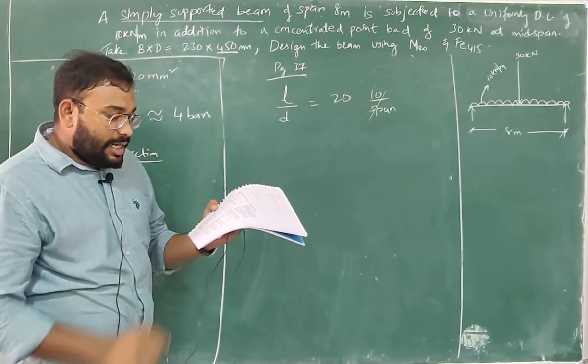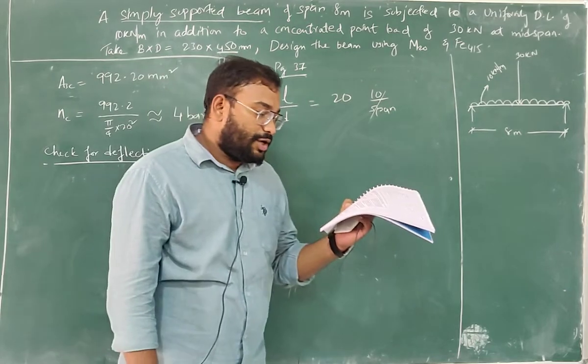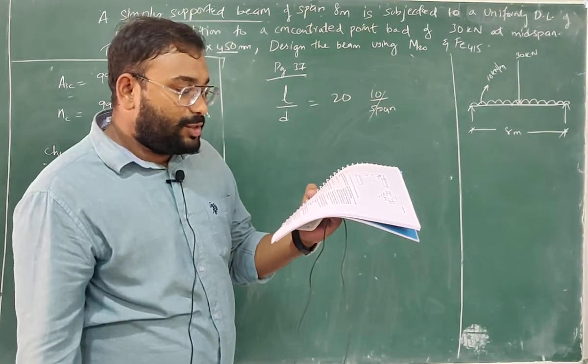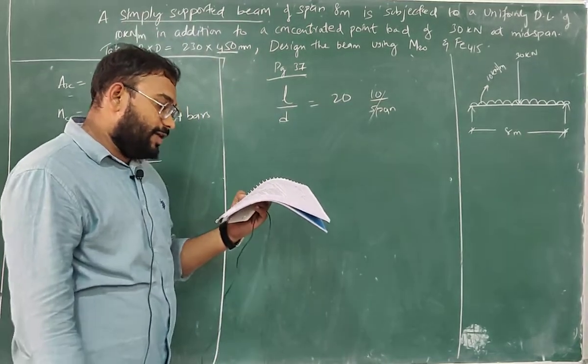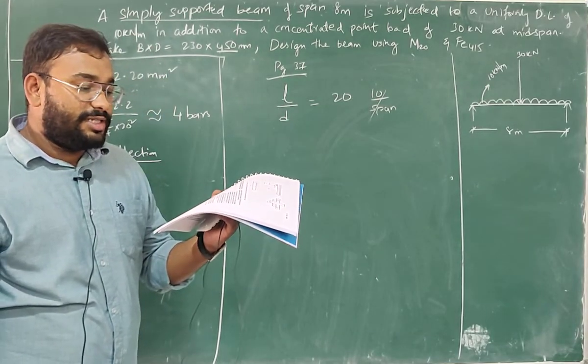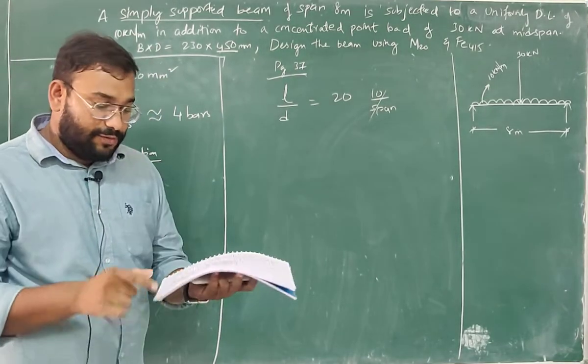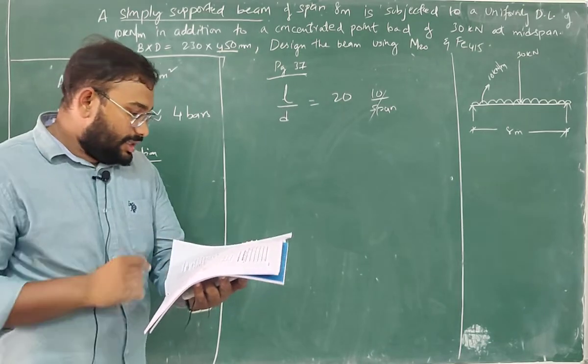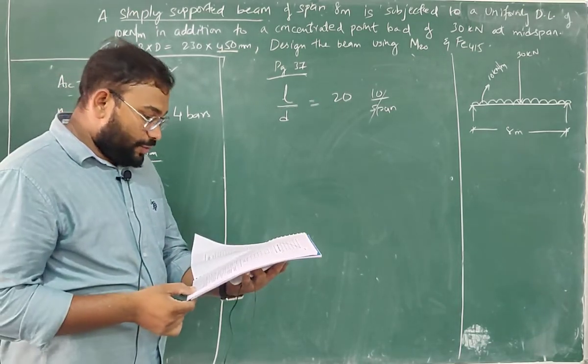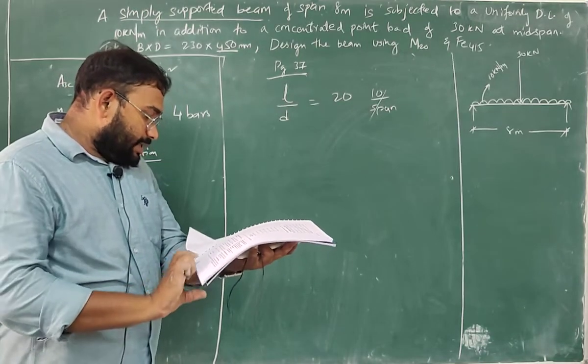Next, depending on the area and stress of steel in tension, the values of A shall be modified by multiplying with a modification factor given in figure 4. Turn the page, you have figure 4 on page number 38.